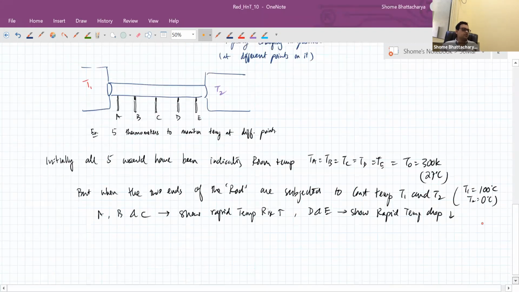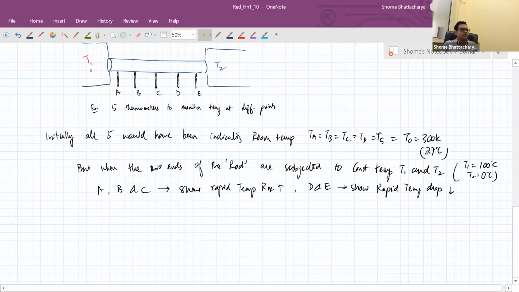So you can imagine this, the moment you place this rod in this situation, that one end is maintained at 100 degrees C and the other end is forcefully maintained at 0 degrees C. So some part of the rod will start cooling down rapidly. Some part of the rod will start heating up.